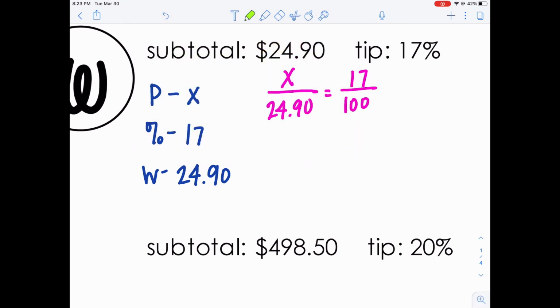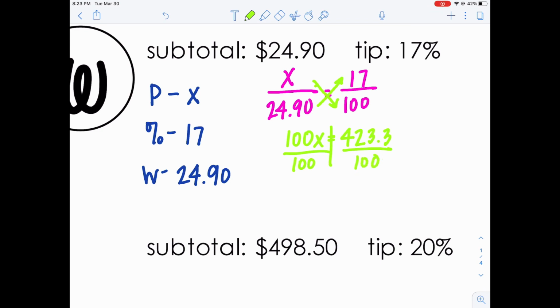Using cross multiplication, I'm going to solve this. So I take X times 100, which is 100X, and $24.90 times 17 is $423.30.